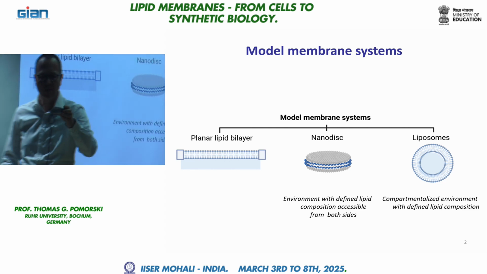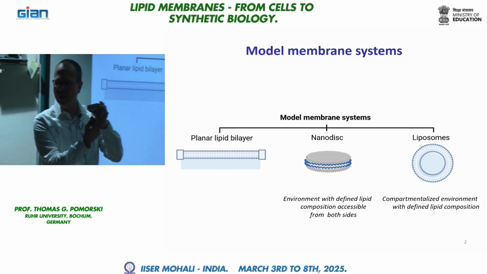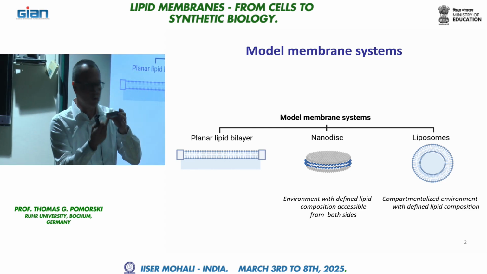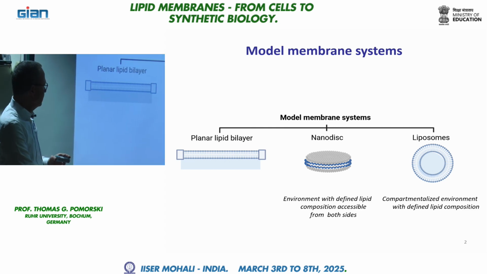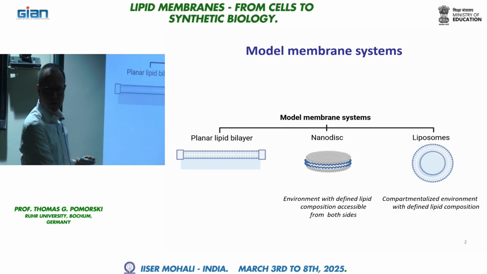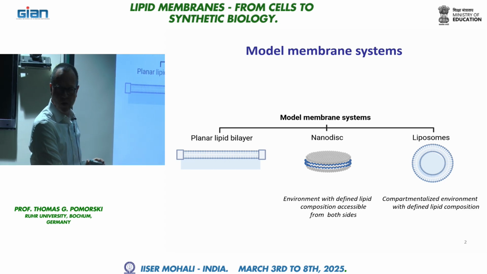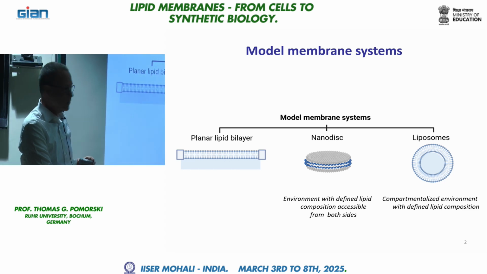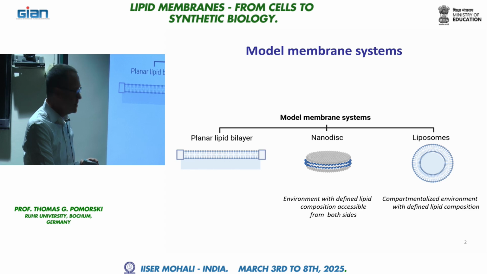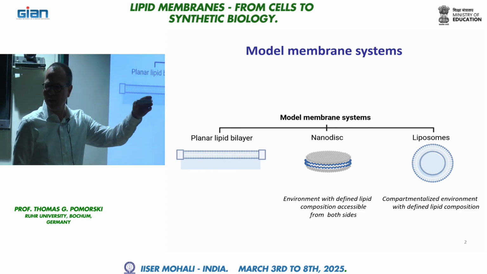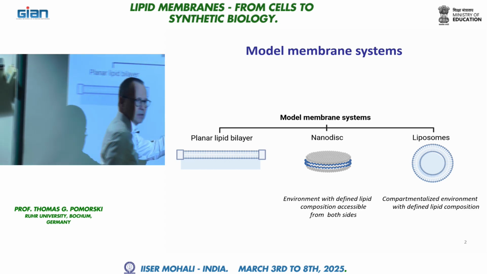The problem is that part of the sheet is very hydrophobic. You have lipids that face the polar environment with their head groups. You have lipids on the other side, because it is a bilayer, that face the aqueous phase. But in the middle you have this hydrophobic core that doesn't want to be in contact with water.